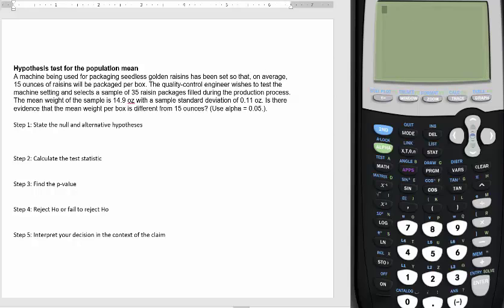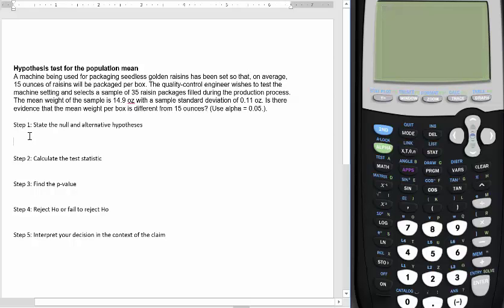The first step in a hypothesis test is to state the null and the alternative hypothesis. The null is a statement that has an equal sign, and the alternative hypothesis is the one that we want to support, a statement that has a different from, less than, or greater than. Since he's asking us to test if the mean is different from 15 ounces, it's going to be a different from sign in the alternative hypothesis.